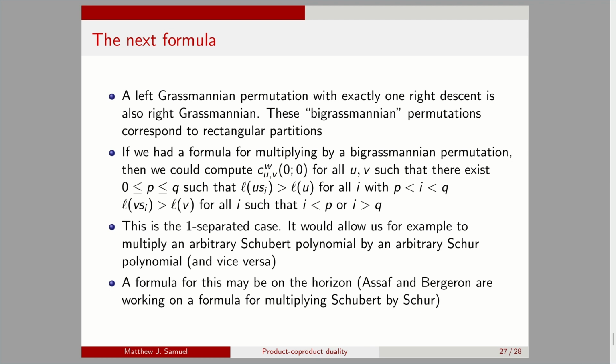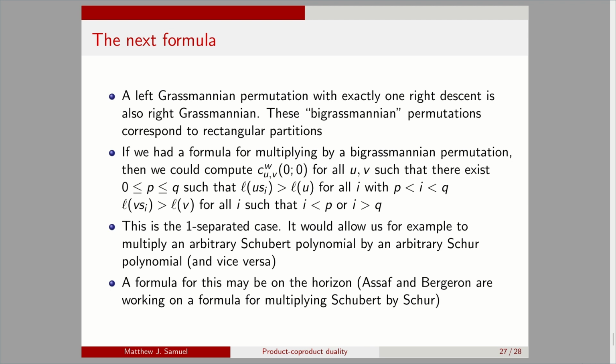So what this would allow us to do, for a very specific example, is it would allow us to multiply an arbitrary Schubert polynomial by an arbitrary Schur polynomial. This actually is also true conversely, since this is the bi-Grassmannian permutation. A Schubert polynomial is a Schur polynomial.